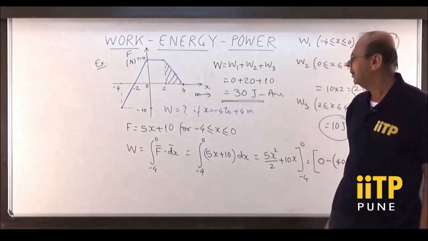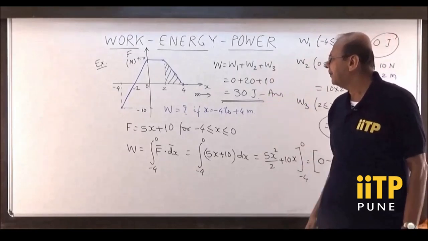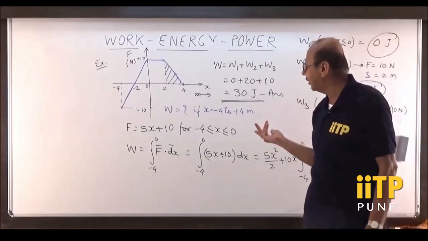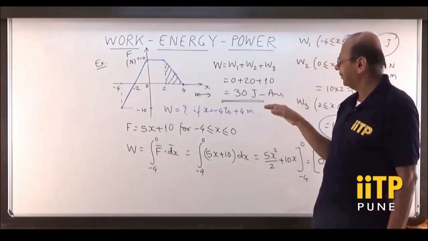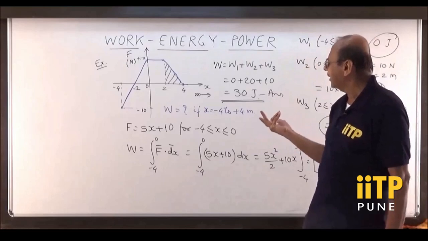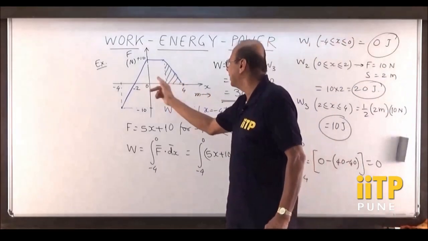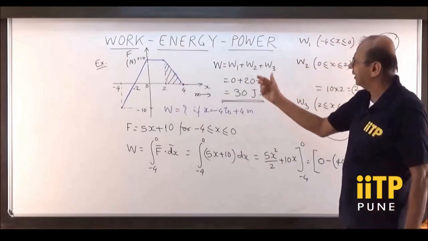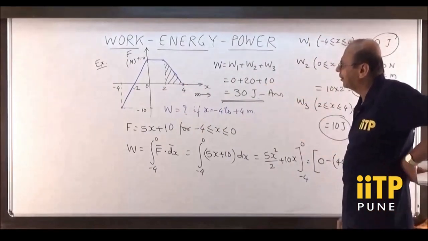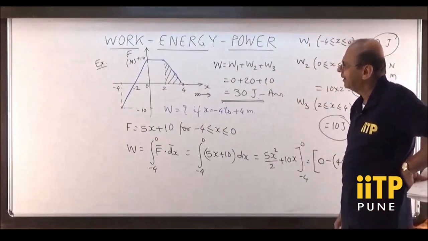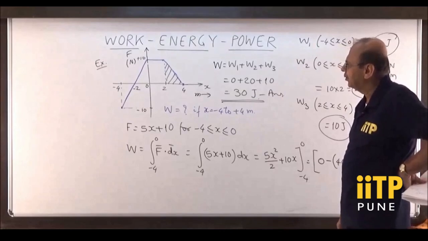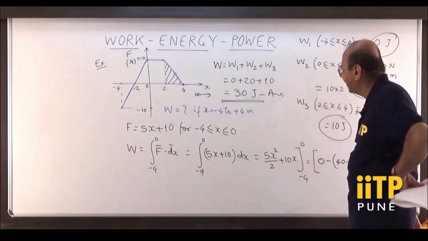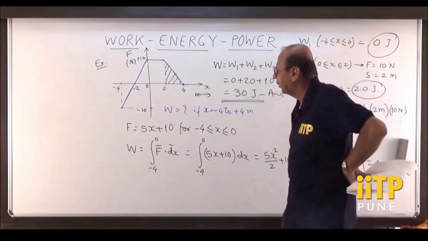In this particular problem, we had been given a graph which was sufficient for us to work out the final answer, which was asking work done by the force in the movement from minus 4 meters to first 4 meters. We divided the problem into 3 parts because there were 3 different straight lines, minus 4 to 0, 0 to 2 and then 2 to 4, and we have calculated it. We have got the answer as total 30 joules positive.